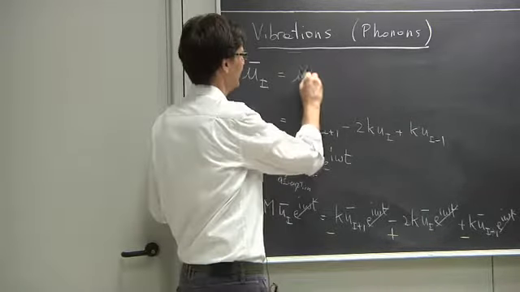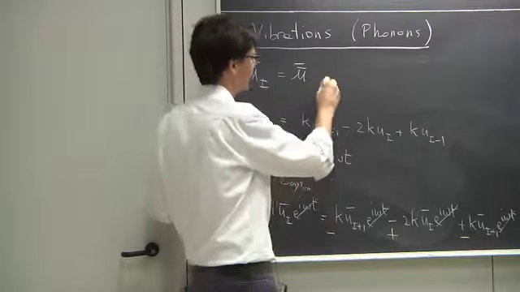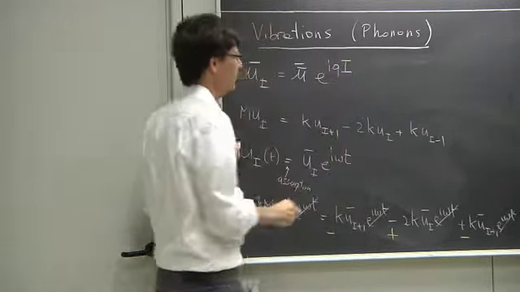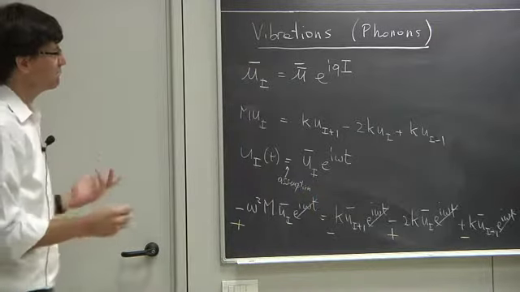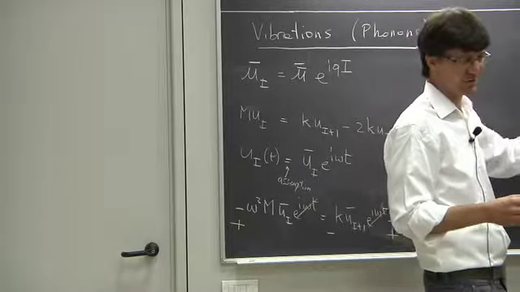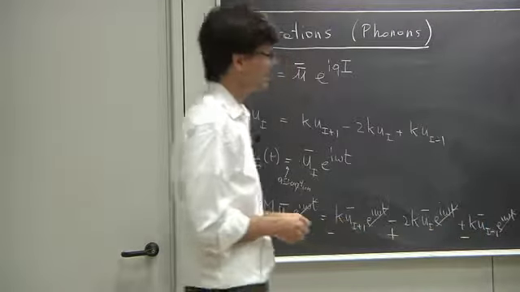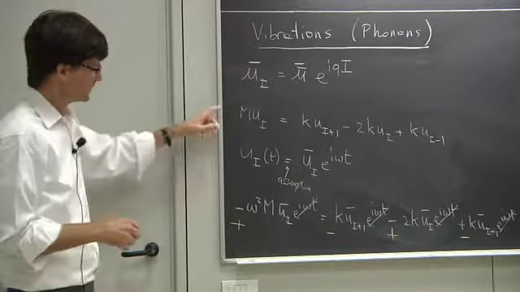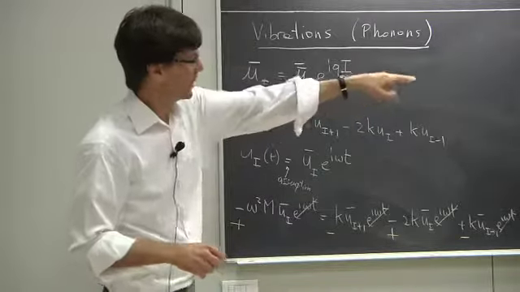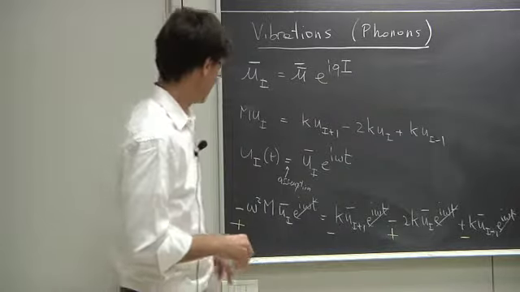So we have u double bar, a constant, e to the i q i. We said, let's try this and see if it works. Well, it worked in the other case, so it's going to work also now, of course. So let's plug this into row i of our problem.